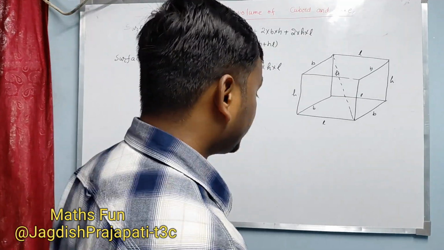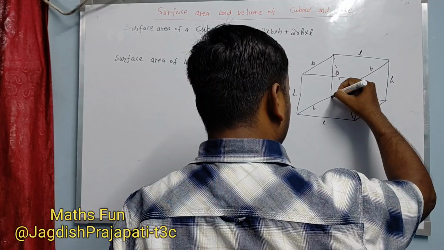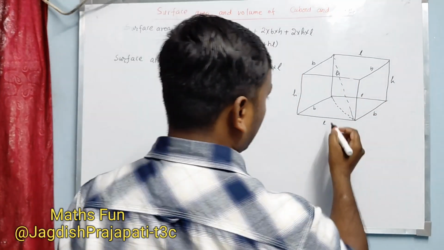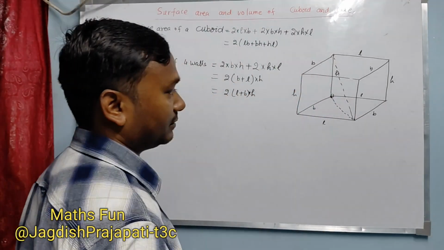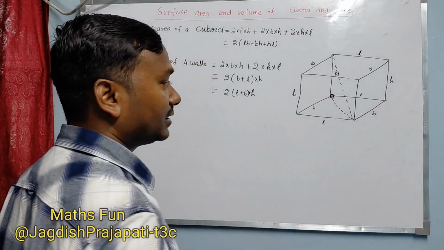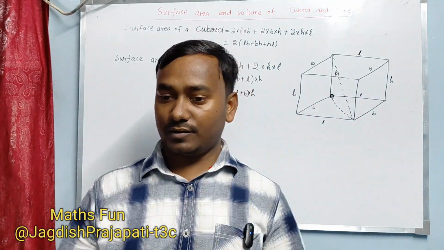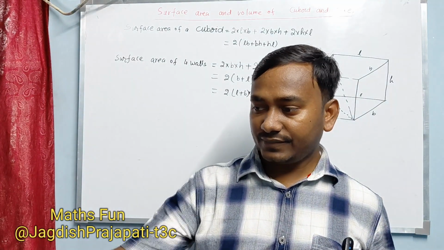Okay, so how to find this? So let us draw this. Actually this is not looking right, but it will be a right angle. This will be a right angle triangle. Okay, how? You just remember where you are sitting now. You just remember about the floor.